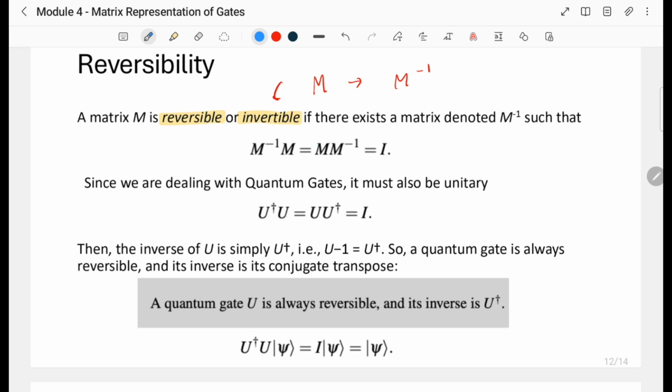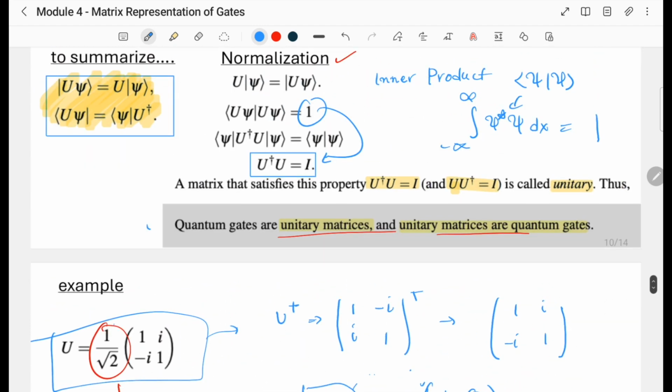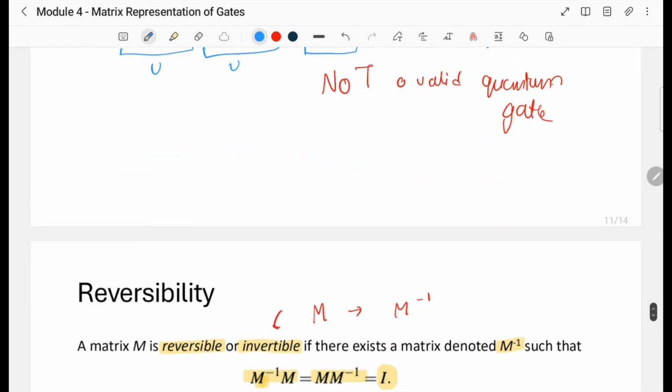But a matrix M is reversible if there exists a matrix denoted by M inverse such that M times M inverse, or the reverse order, is equal to the identity matrix. And since we are dealing with quantum gates, we know that our quantum gate must also be unitary in this condition.